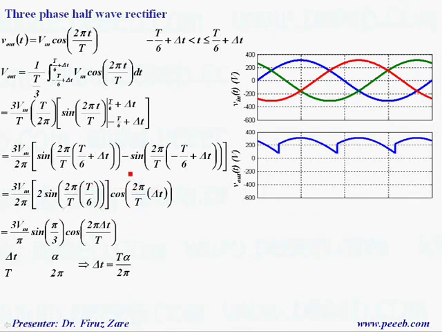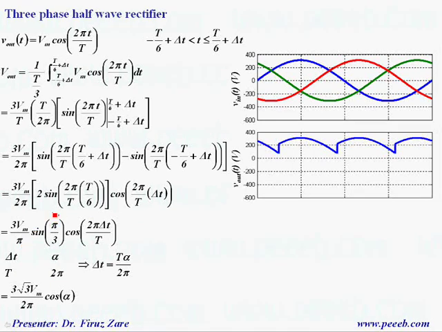So we can also define this equation in terms of the firing angle alpha. If one cycle is 2 pi, then delta t in this case can be defined as alpha. So when we put delta t in this equation, and because sin pi over 3 is root 3 over 2, we have this equation.